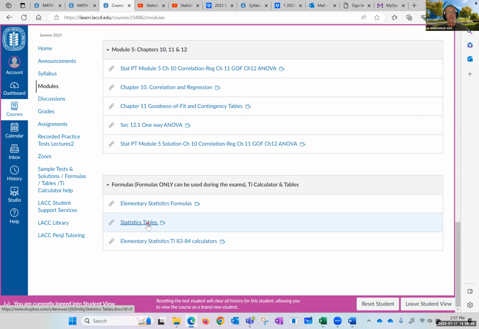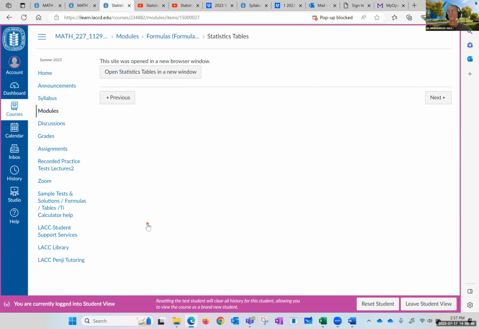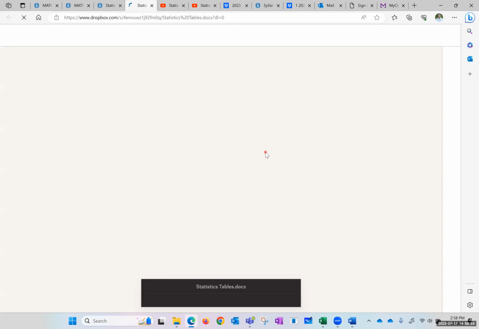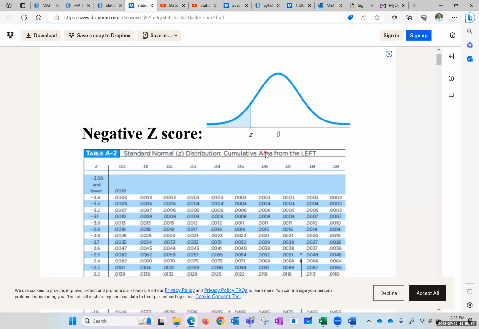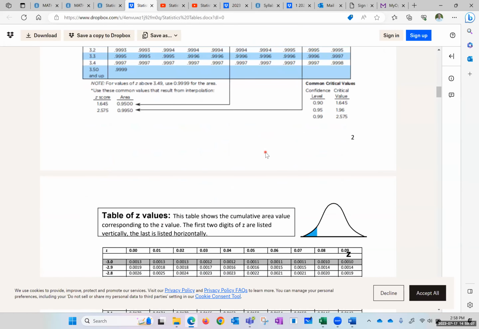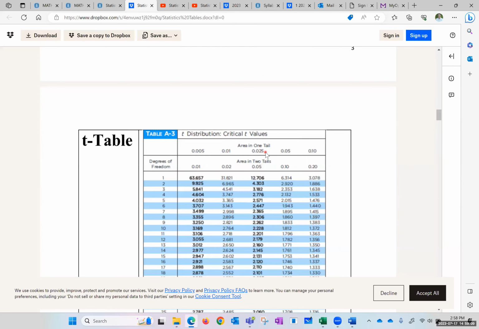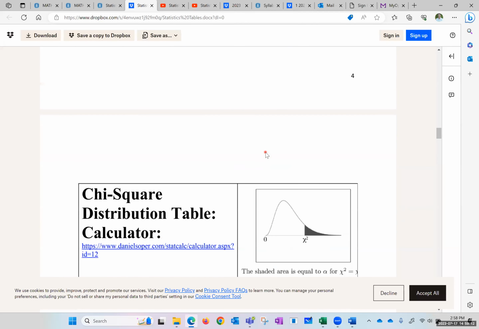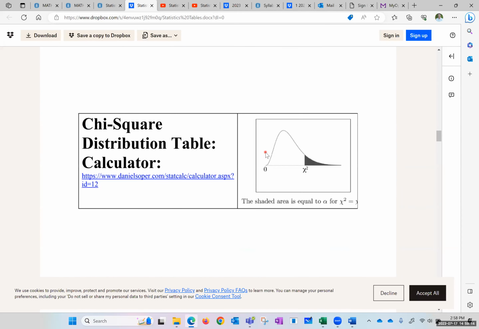The next one, we need the tables. We have various tables. You can find them here, or you can find any of the tables online. For example, the z-score, the t-table or the t-score, chi-square table, and so on and so forth.